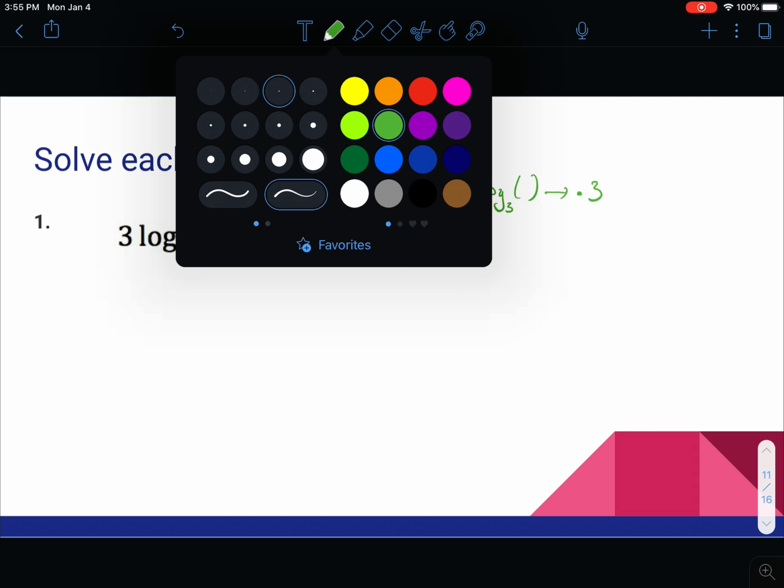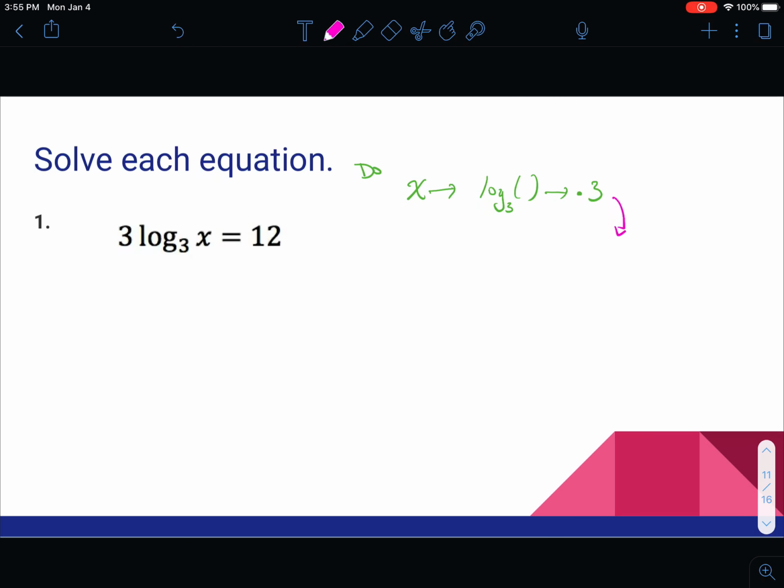Now to undo those steps, we're first going to divide both sides by 3, and then we're going to exponentiate both sides. And then we should be left with x all by itself.